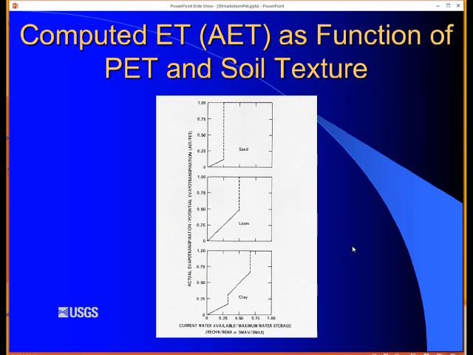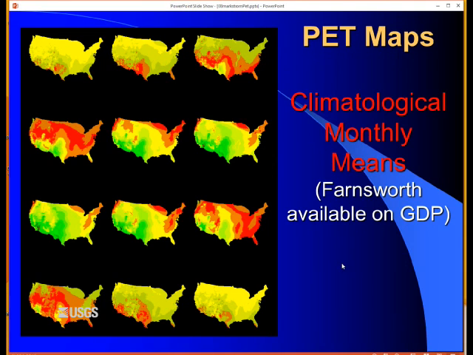That's what this is used for. One thing that's kind of good to know is available is this atlas of potential ET values. This comes from the National Weather Service, or NOAA, developed by Farnsworth. It's been a few years now, but these are still pretty useful climatological monthly means for potential ET.